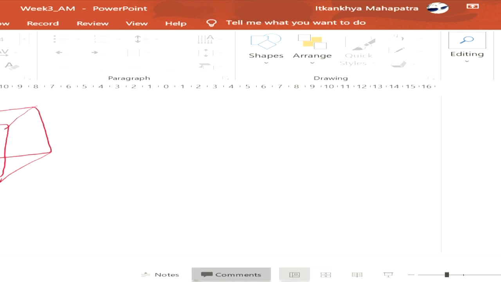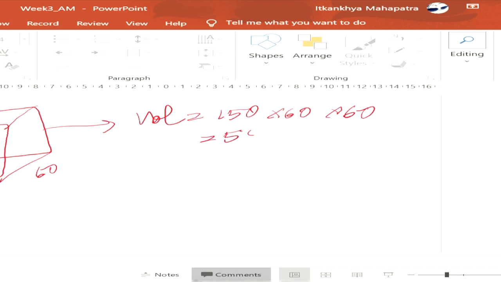This will have the dimensions of 60, 60 and 150. Now the volume is 150 into 60 into 60. This is 540,000.